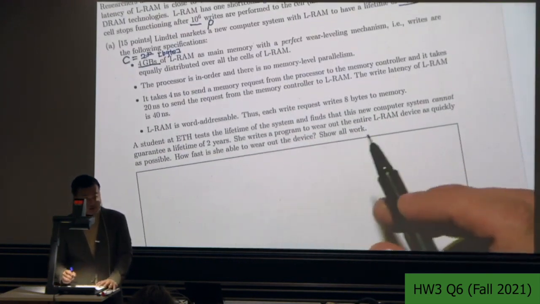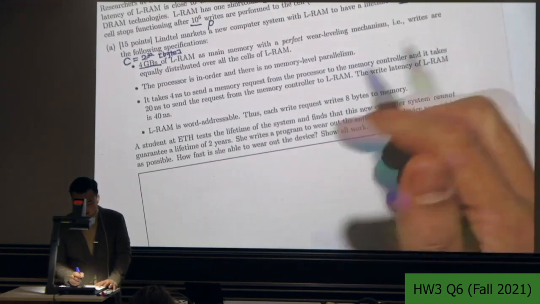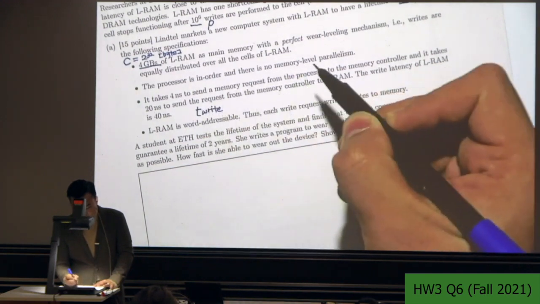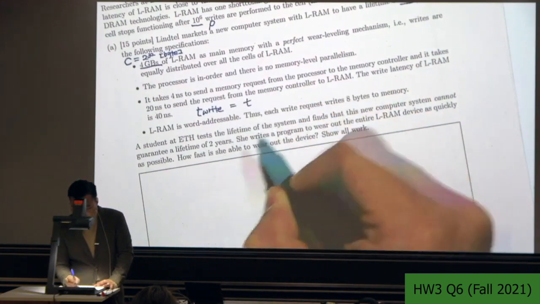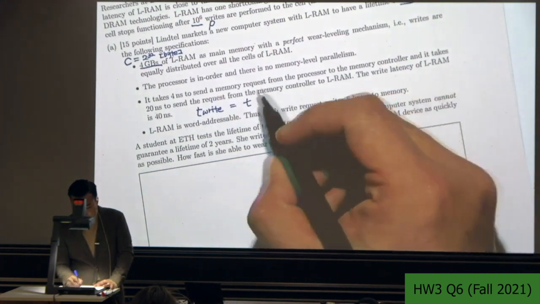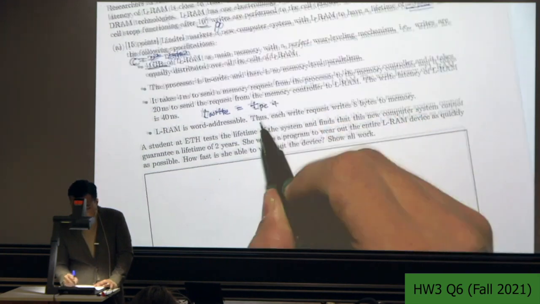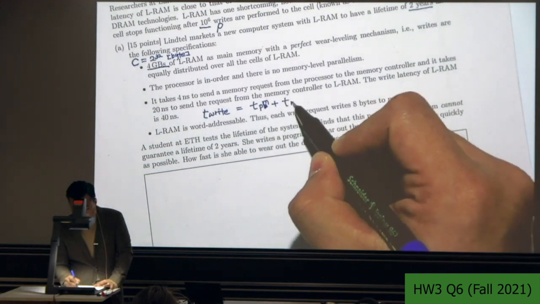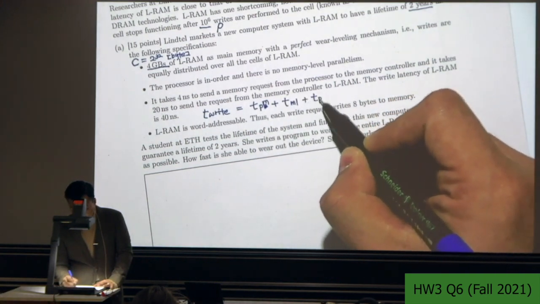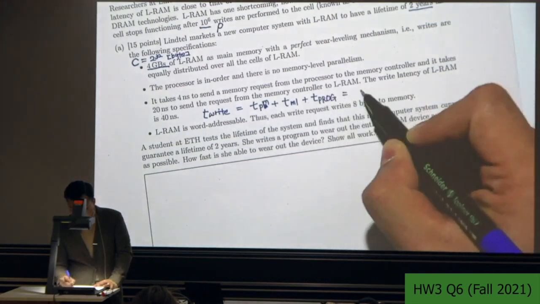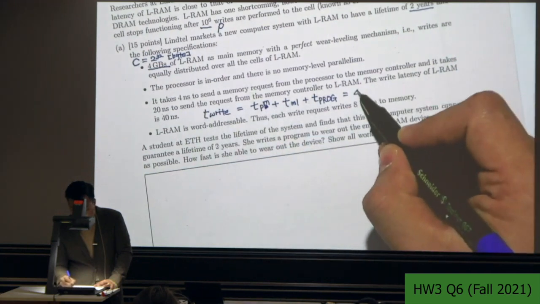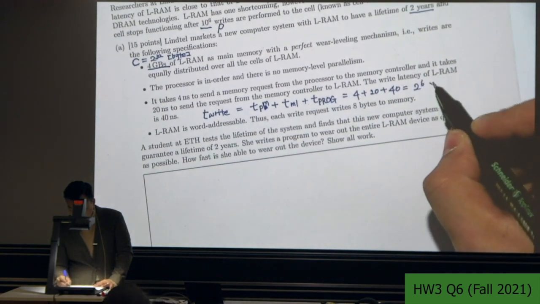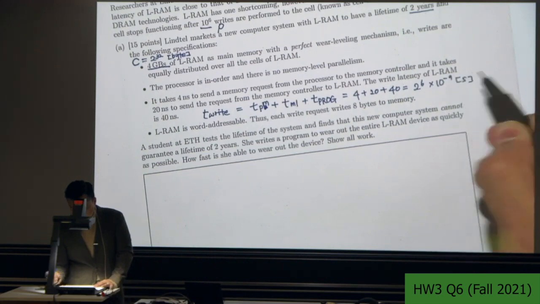So to write data to an LM cell, the total time, let me put this as T write, is T, the transfer time from the processor to memory controller, let's put this T PC, and another transfer from memory controller to LM, T CM, and the program latency of LM, and it's 64 nanoseconds.